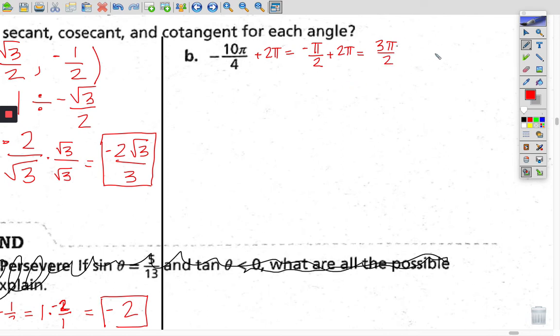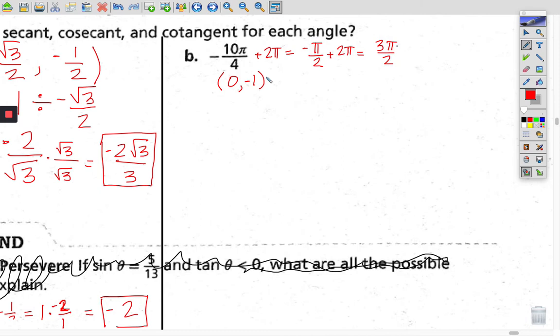My ordered pair there at 3 pi over 2 is 0, negative 1. 3 pi over 2 gives me 0, negative 1 because that's at 270 degrees. Y'all see that?